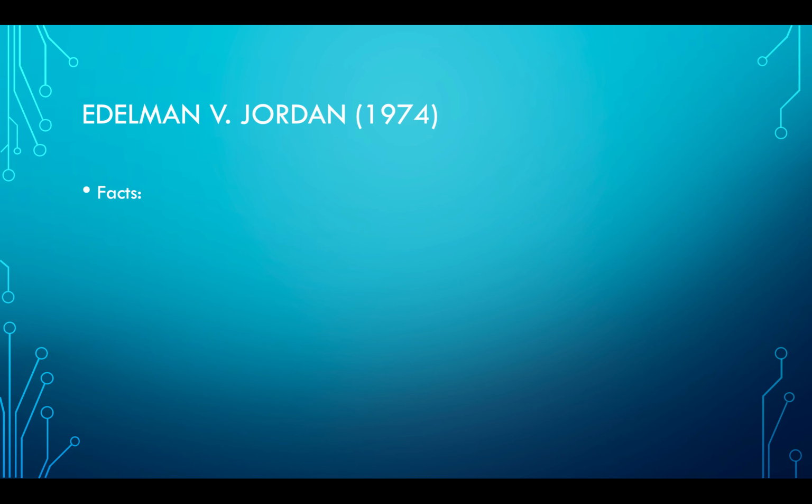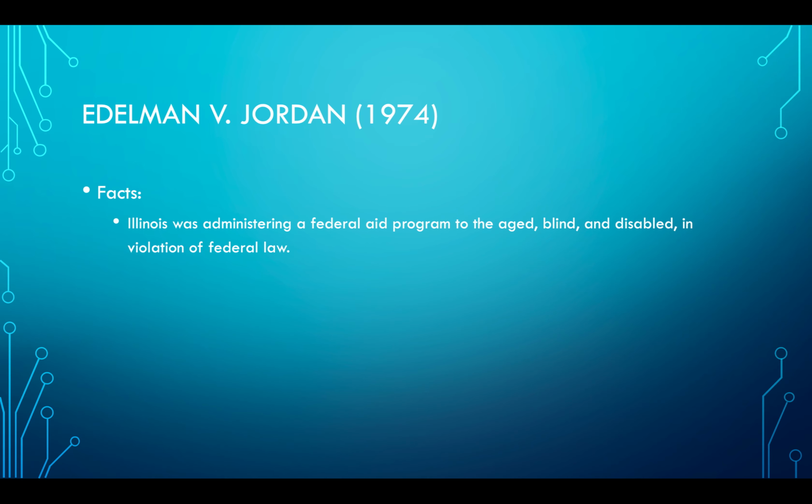So in Edelman, Illinois was administering a federal aid program to the aged, blind, and disabled, and the claim was that Illinois was maladministering the law, that they were processing applications late.